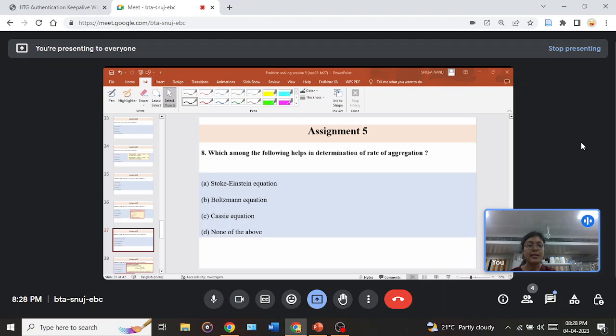So Stokes-Einstein equation was basically dH, right? It determined the dH. dH is your hydrodynamic diameter. So did the expression for Stokes-Einstein equation consist of this particular term K?